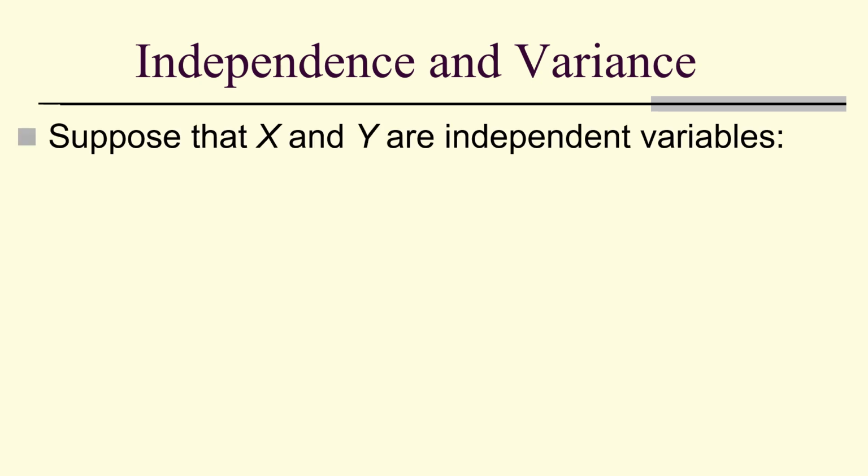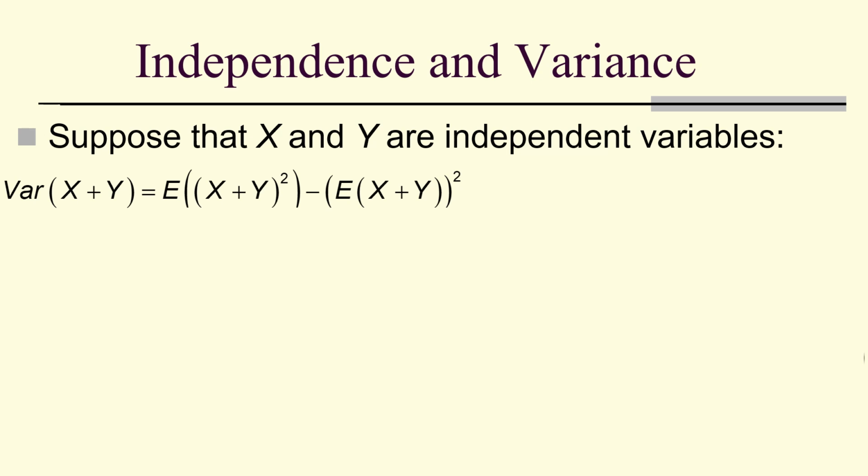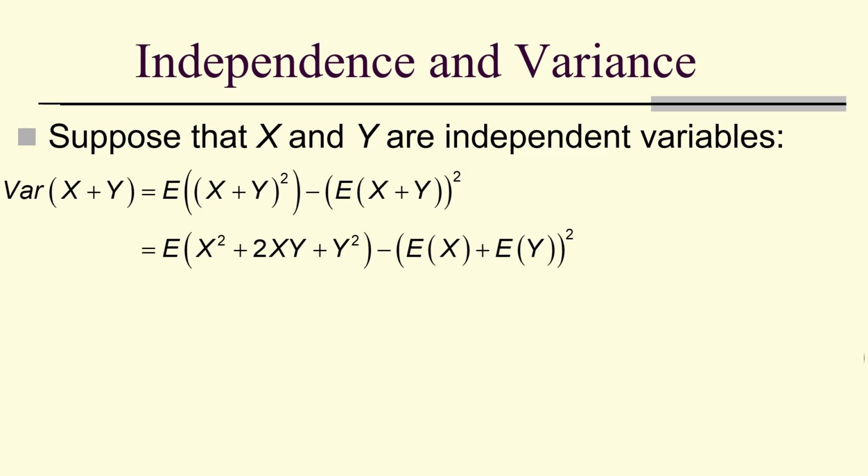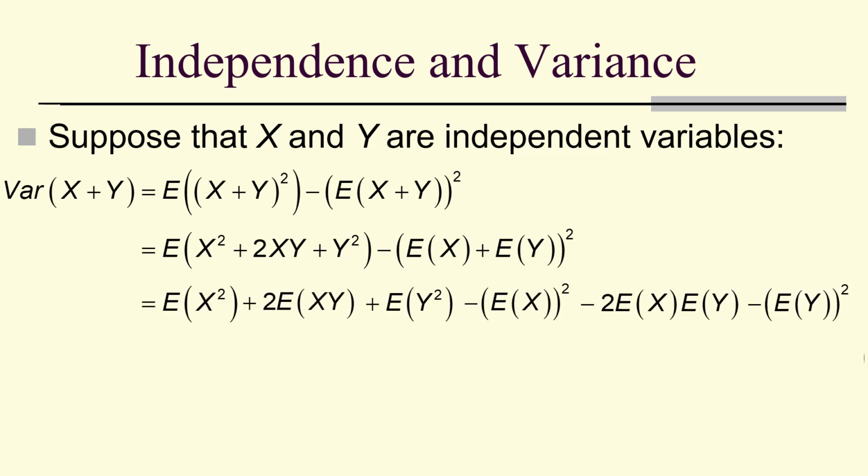So, independence and variance. If x and y are independent variables, then the variance of x plus y, by our property 1 of variance, is this. We can square out the x plus y quantity squared inside the first expected value, and we can then use linearity. We can also expand the square of the sum.